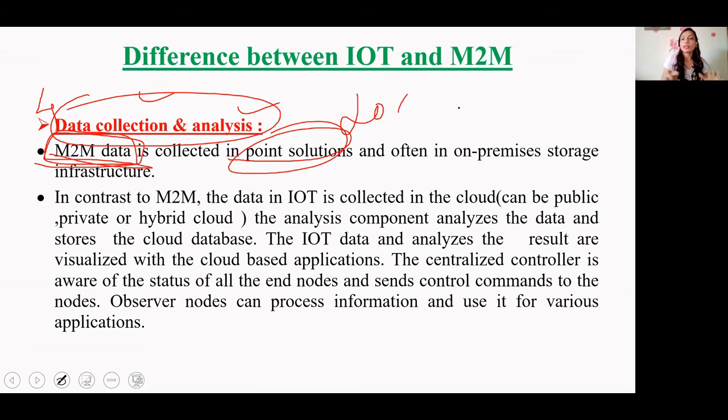Okay, if my IoT system of agriculture has to collect data, everything will be in the local premises only. So it is point solution and on-premise storage infrastructure, whereas in IoT, it will be in the cloud. Okay, most of the analysis, because in IoT lots of data will be there, so we prefer cloud, and also an internet connection is there.